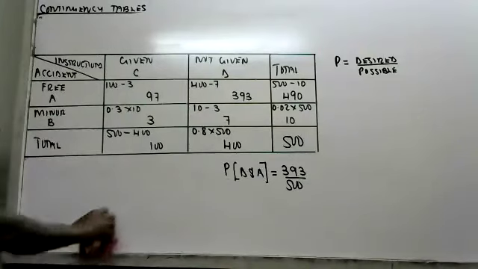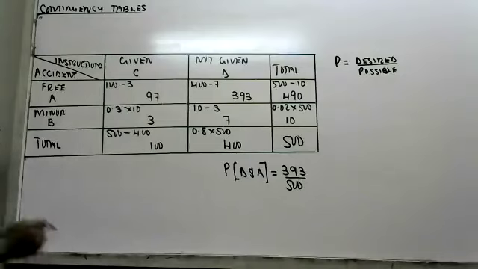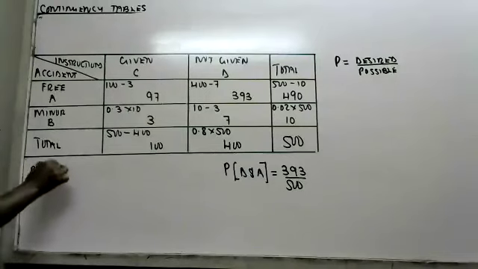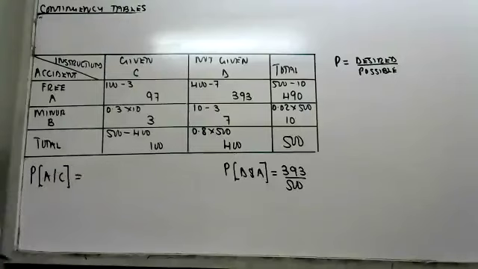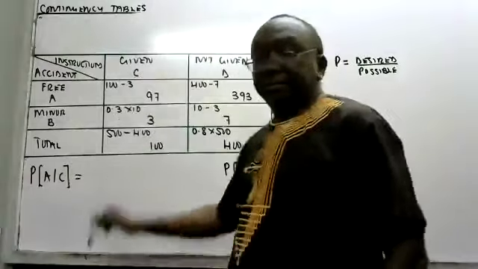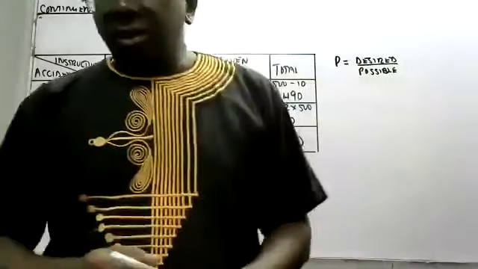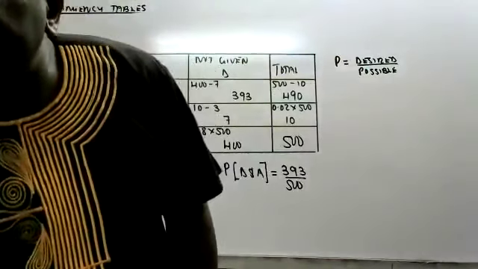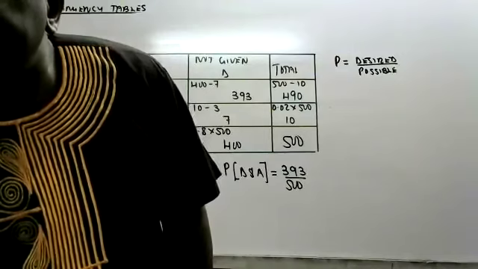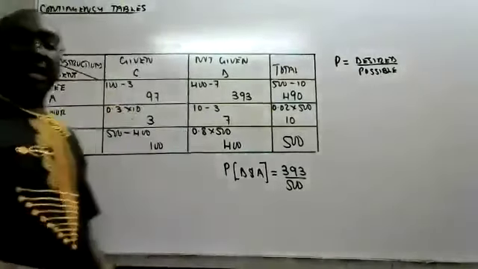The other thing is, if we are told to get probability of A given C, what you do, you go to where you are told given.